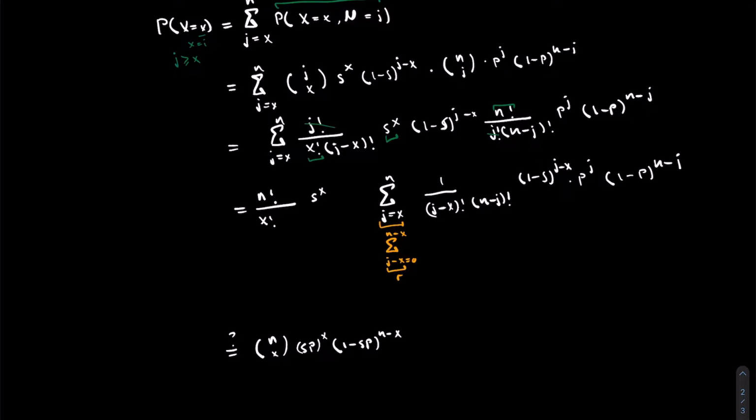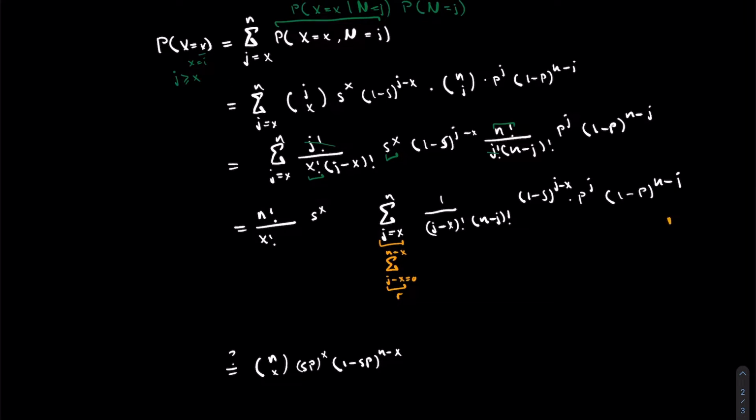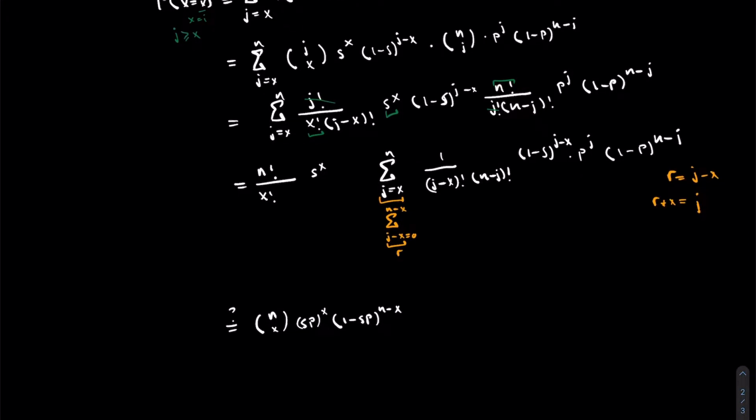So r, as a side note, is going to be j minus x. And so j, the index of interest, is r plus x equaling j, like so.